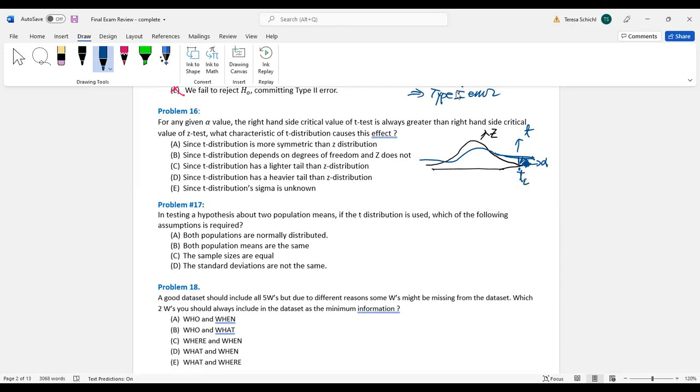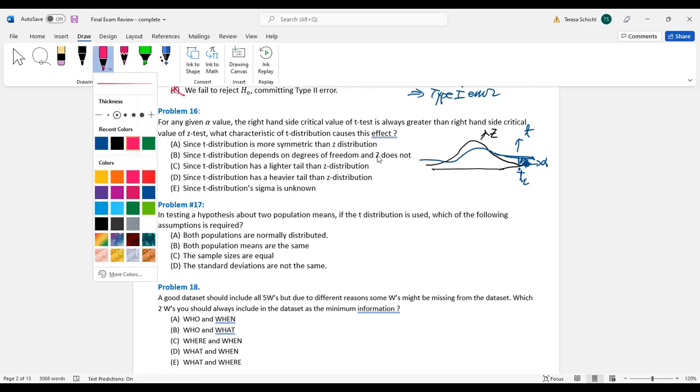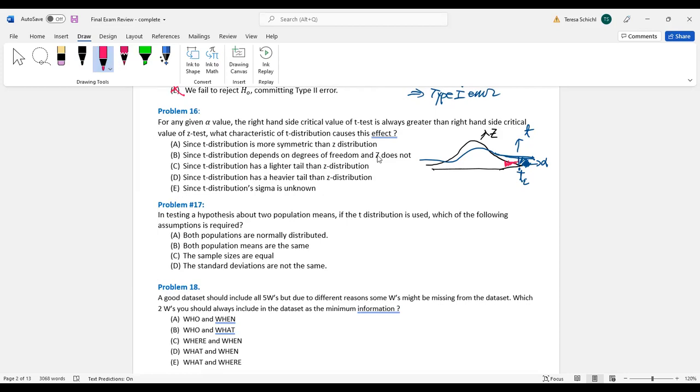Because t is heavier than the z, the alpha value for z comes over here. So this will be the z critical value here. So we know that because the t has a heavy tail, the alpha goes more to the right. So the t critical is always greater than the z critical.